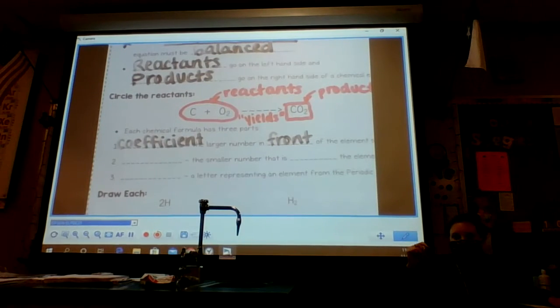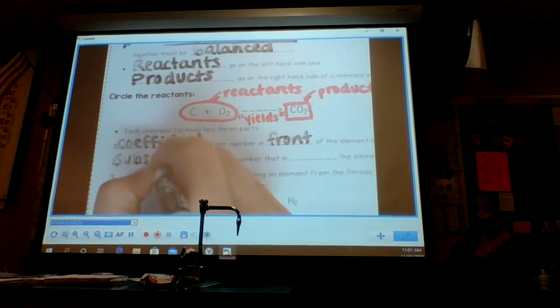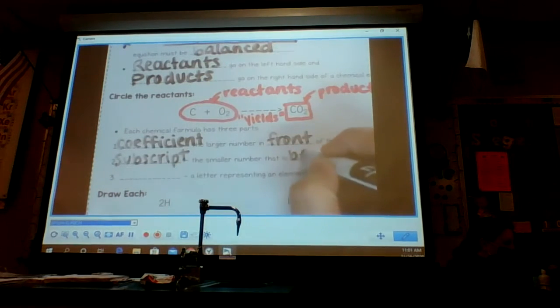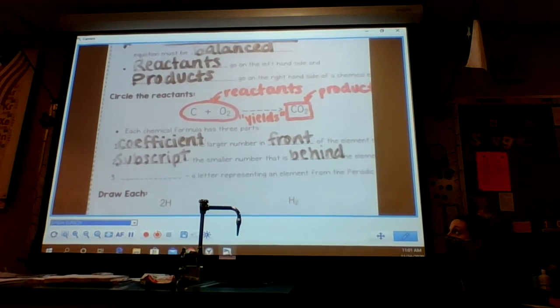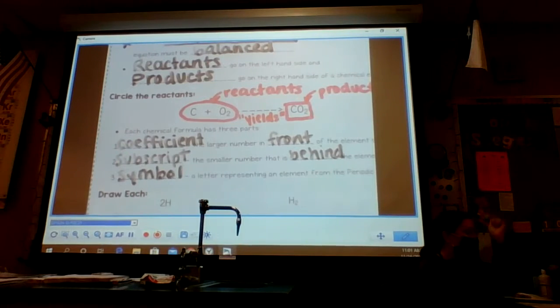What were the small numbers? Subscript, the smaller number that is behind the element symbol. And then I do have the symbol, a letter representing an element from the periodic table. So we have coefficient, subscripts, and a symbol.